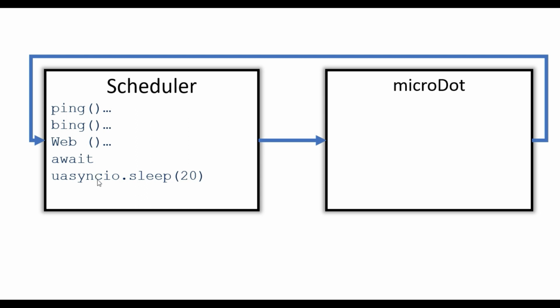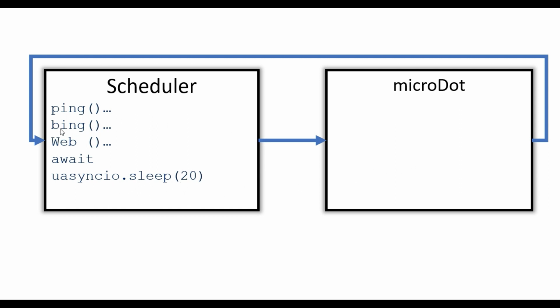And then it does one of these await asyncio sleep for 20 seconds, and during that sleep period, microDot's getting a look in to see what web requests there are, and then releases control back to the scheduler again. And that works fairly well. The microDot response time is really dependent on how long it has to wait until the scheduler releases control so it can make use of the sleep period.